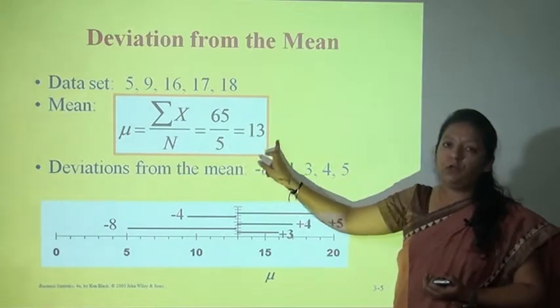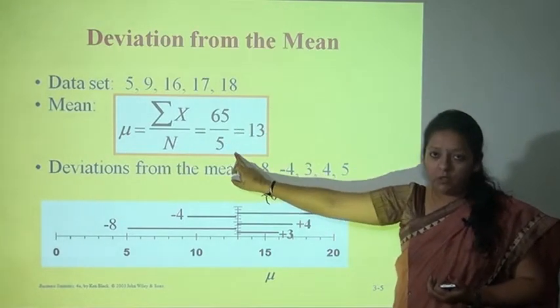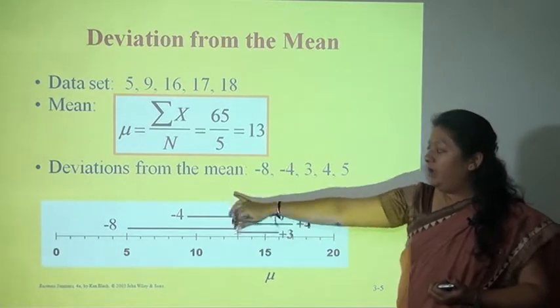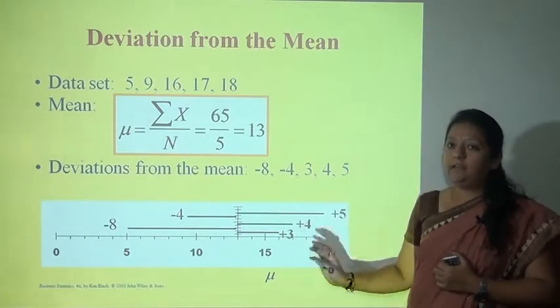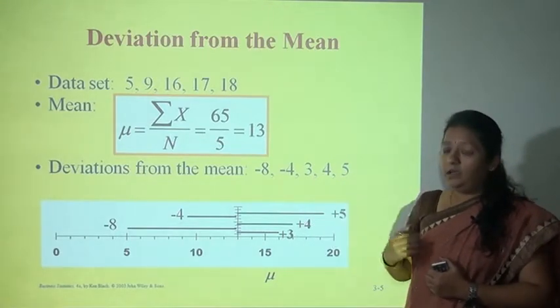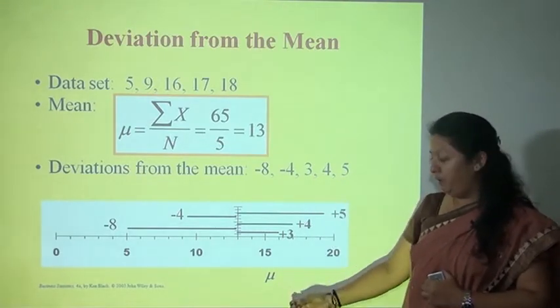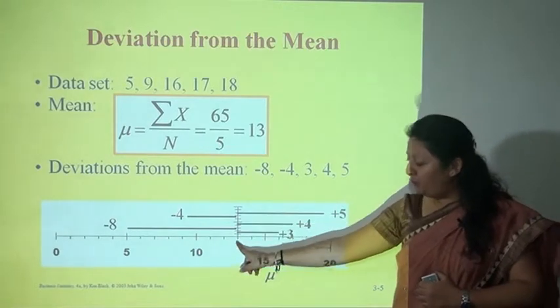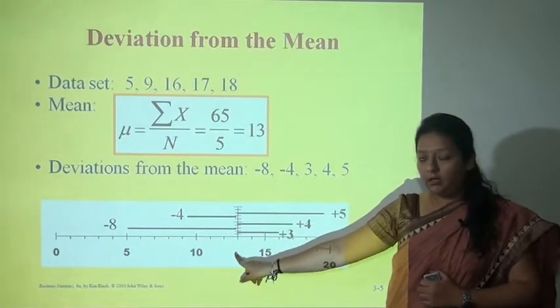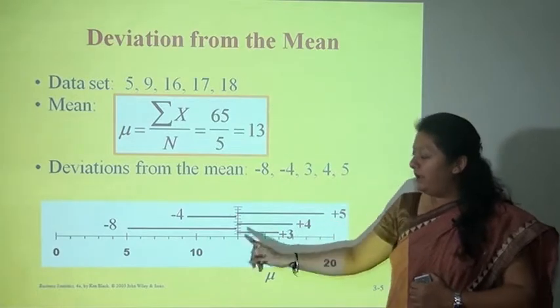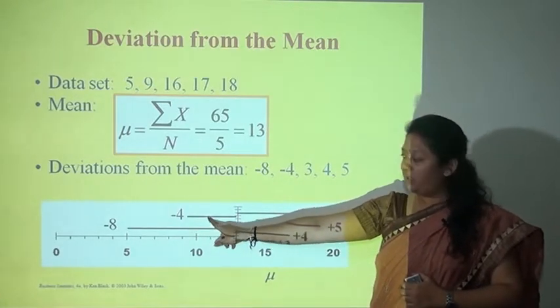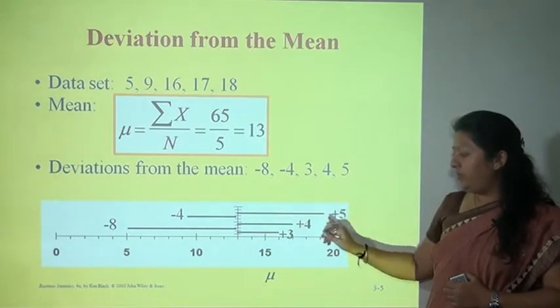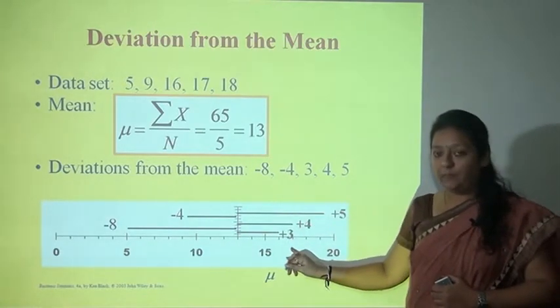So we get the value of mu, which is equal to 13. Deviation from the mean defines how the data varies from the mean. The mean is 13, and the deviations from the mean are minus 8, minus 4, plus 3, plus 4 and plus 5.